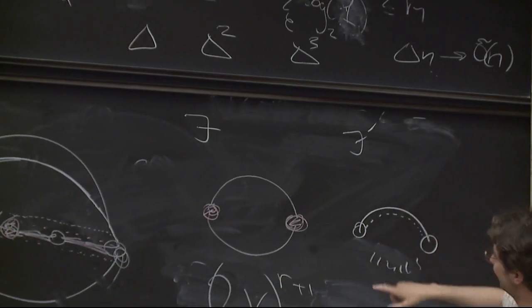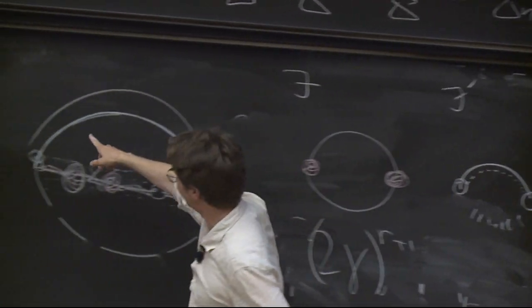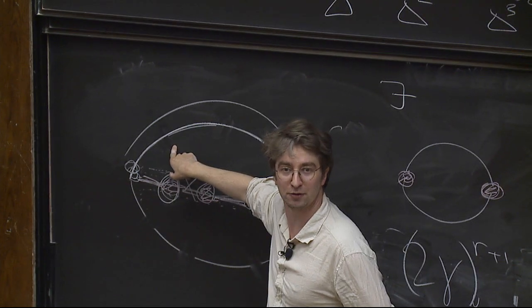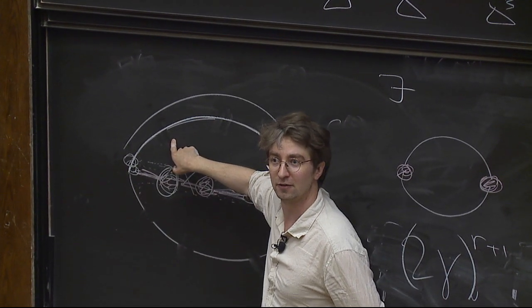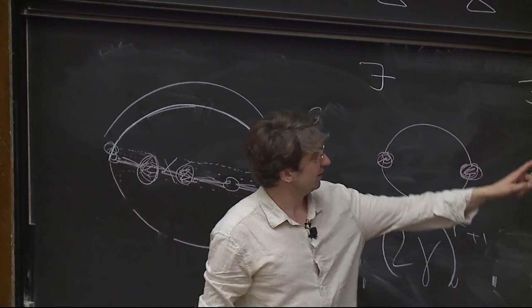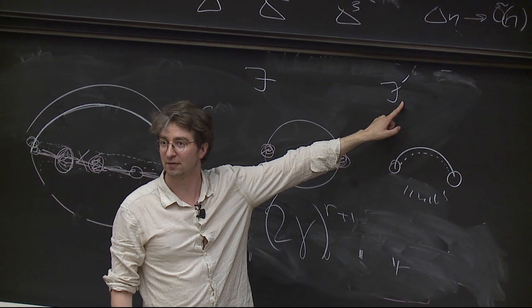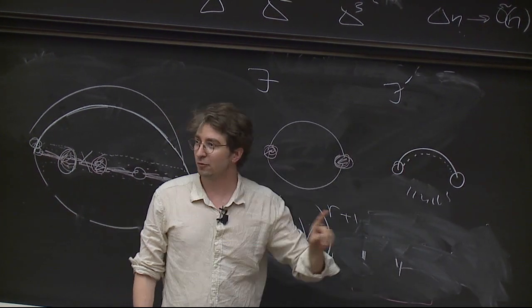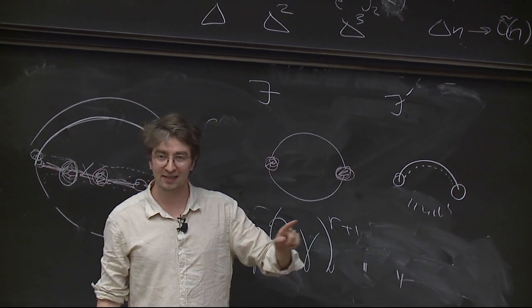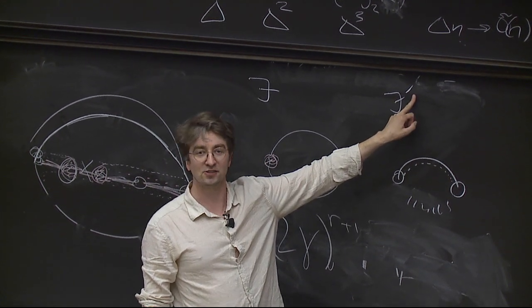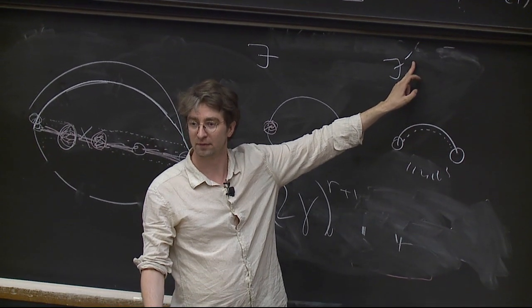The idea is that it's actually in this graph that I need to bound the number of paths going through a vertex. But it's in this graph that I'm doing the edge bounding. But the way that I'm picking edges to put into J prime is uniformly at random.